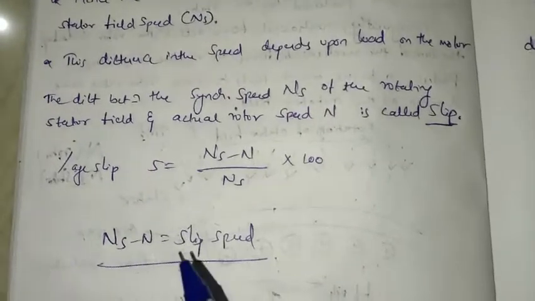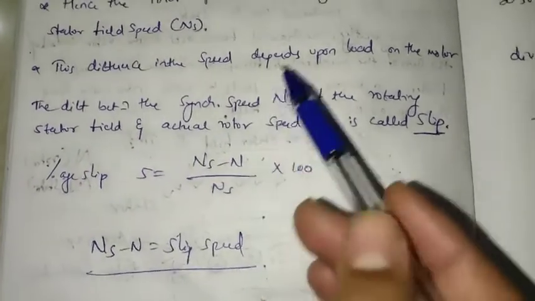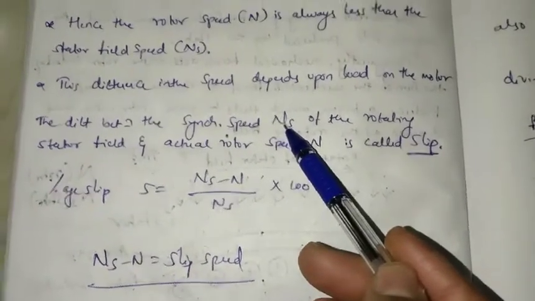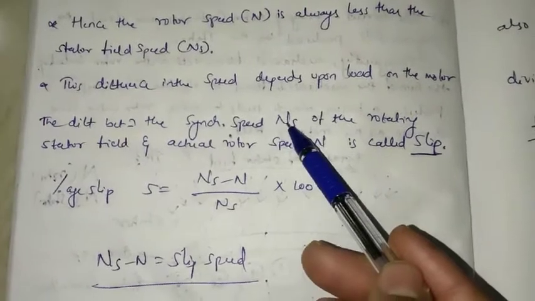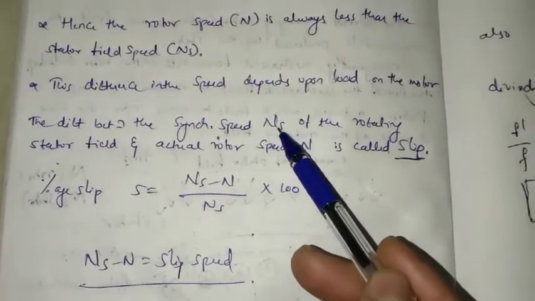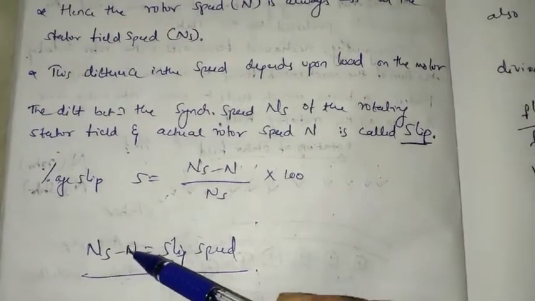Why the word slip is used: if an observer is sitting on Ns, on the stator flux, he will see that N is slipping back with respect to Ns. That's why the slip speed is the difference between Ns and N.